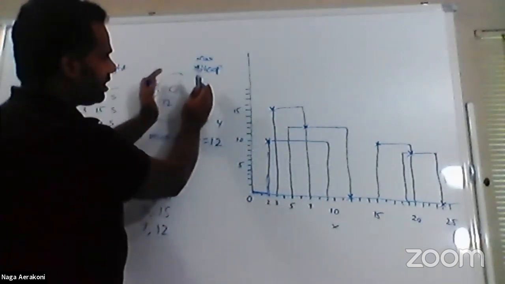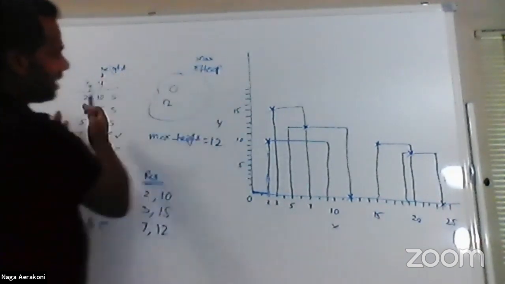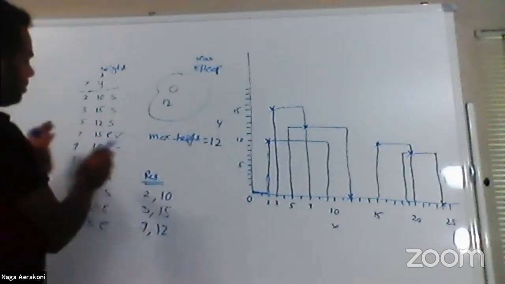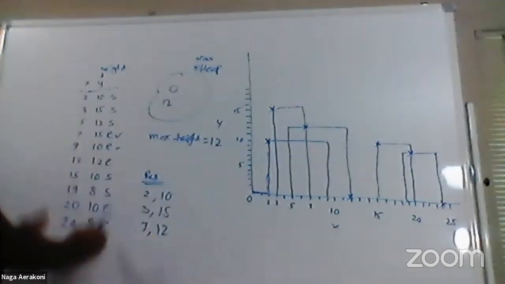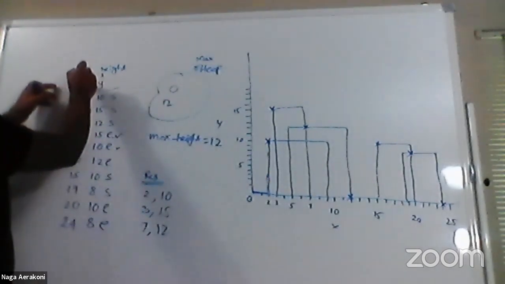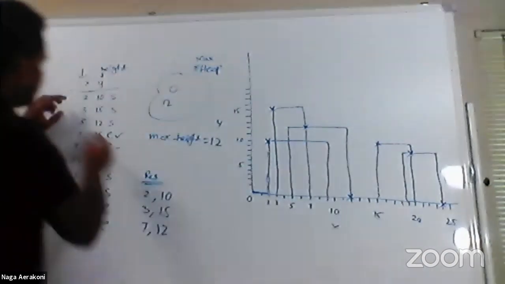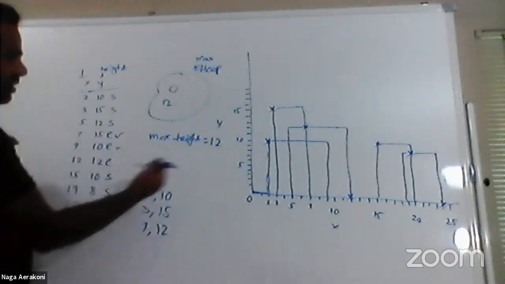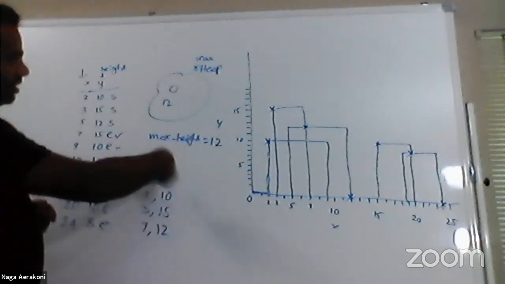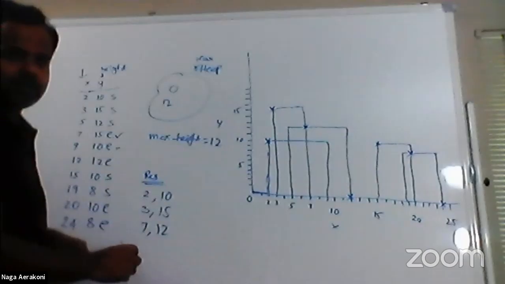Only for that I'm using it, only for adding and removing the heights. Otherwise, we still want to keep all these points sorted by X, from start to end, right? And there are still some edge cases which we'll get to after finishing this.